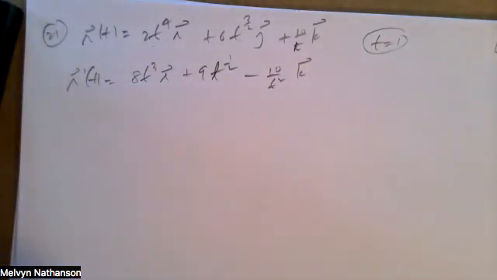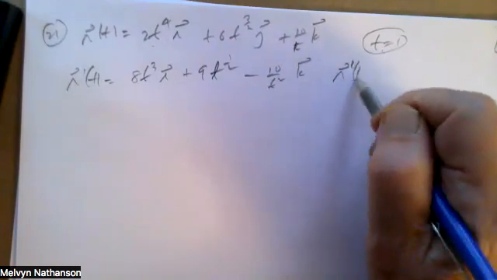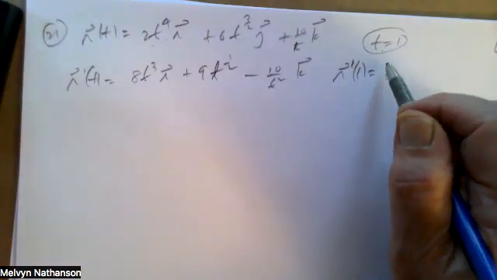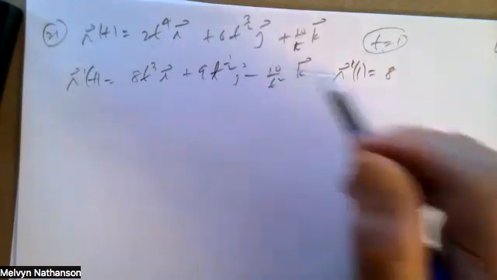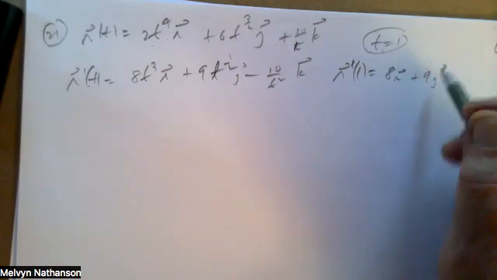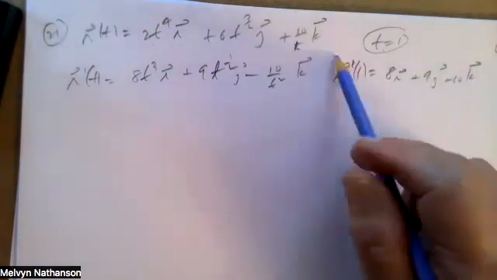So this is the tangent vector at t, and at t equal to 1, r prime at t equal 1 is 8i plus 9j minus 10k. So that's the answer.